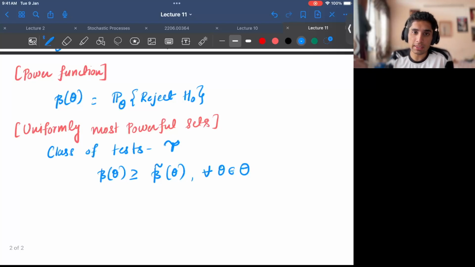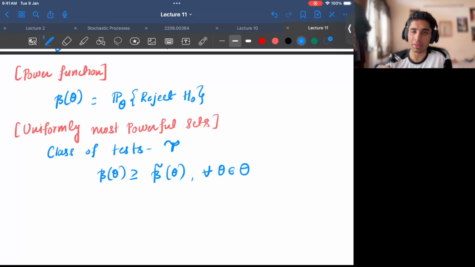Power is just a property of a test. It is just that, under this parameter or under this hypothesis, what is the probability that I can reject the null hypothesis? So every test has a power.